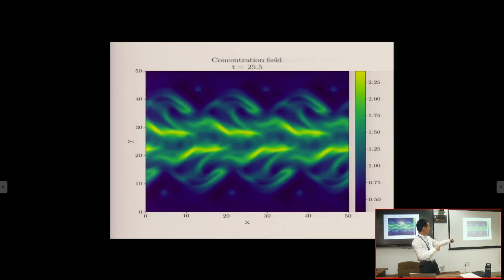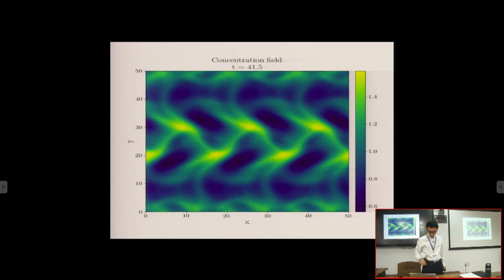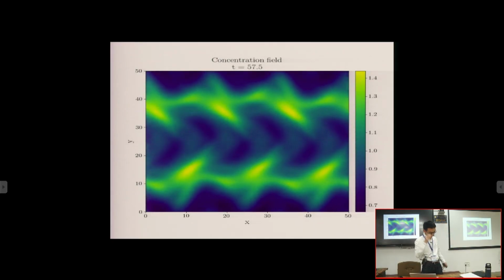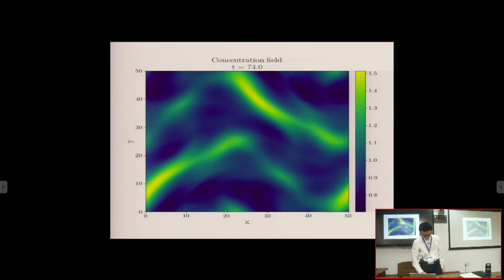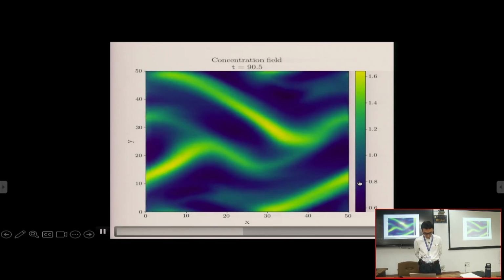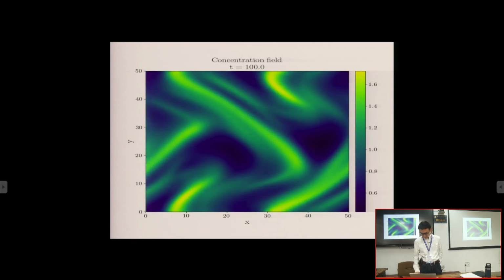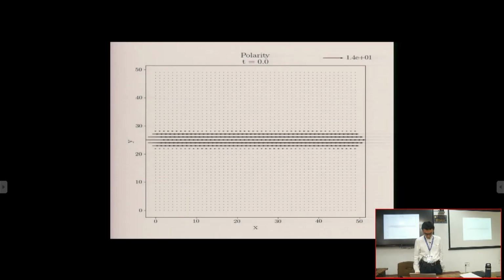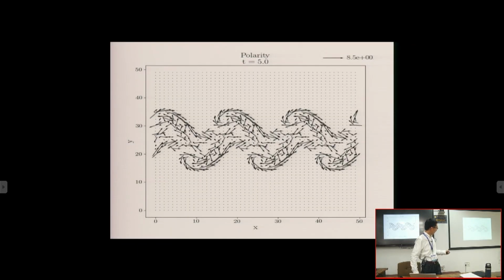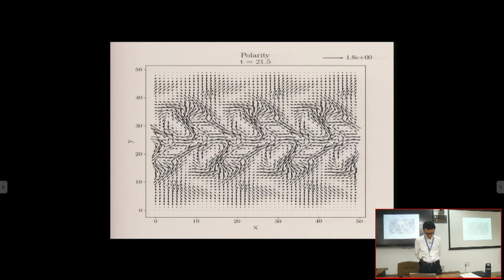So this is quite active. You see, quickly they establish these chaotic patterns. And again, this is the polar order over time.